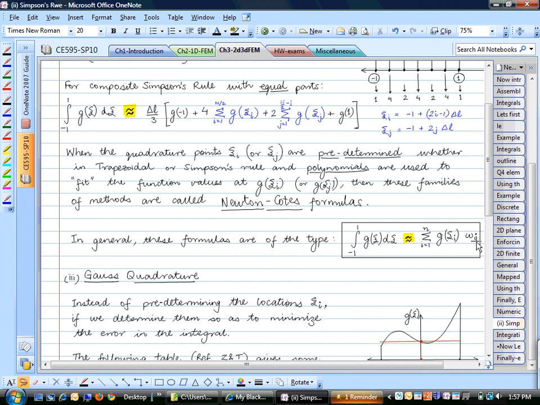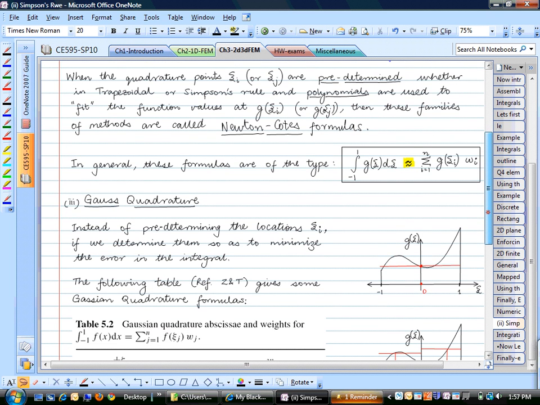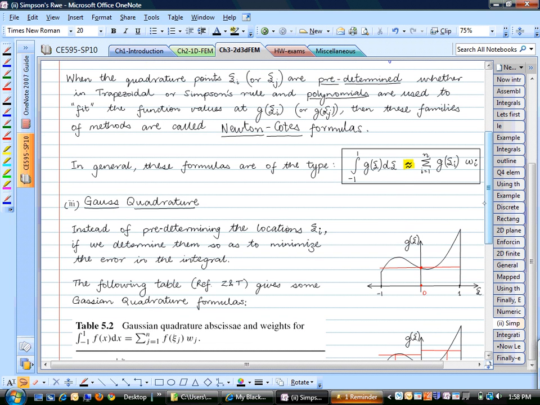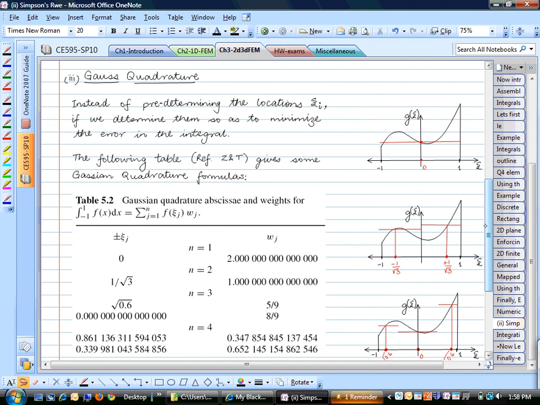That's the entire premise of Gauss quadrature, but the derivation is a little more involved and not even that important for us right now. What I'm giving you here is this table of locations Cj and weights wj. This table comes directly from Zienkiewicz and Taylor, where there are more details about Gaussian quadrature if you want to take a look.